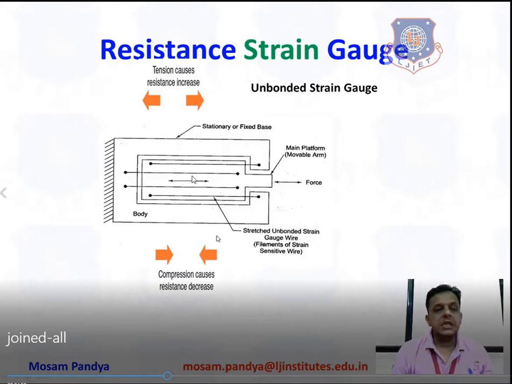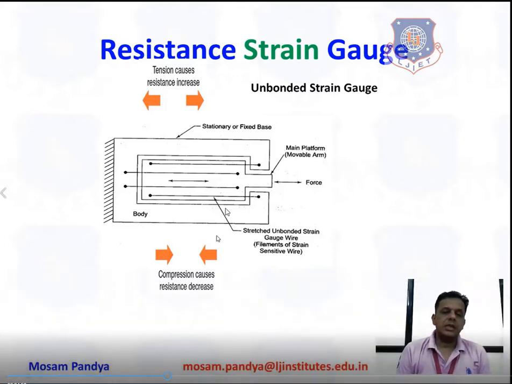Simultaneously the conductor here, second and third number, that will be compressed and resistance will decrease. So entire output will be combination of these 4 wire having increase or decrease in the resistance, and vice versa. If you apply the compressive force, the entire different or the reverse process will take place.